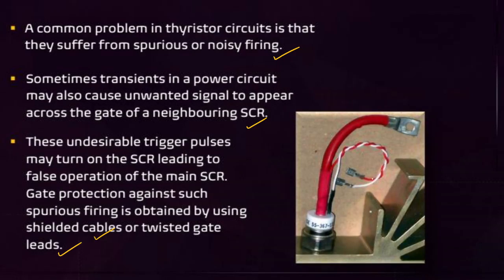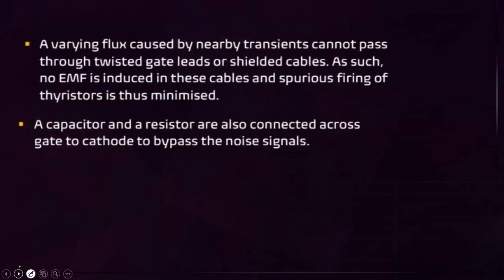That is, the gate terminals are designed with separate gate leads, which are nothing but twisted gate leads, to eliminate unwanted triggering. Whatever the spurious signal effect is, it can be minimized by using twisted gate leads.